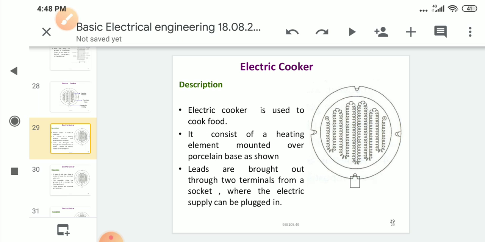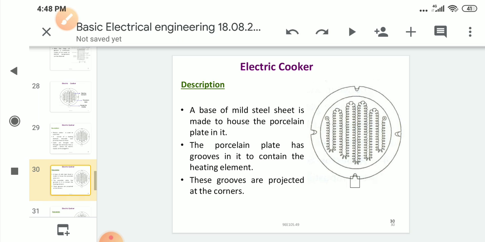It consists of a heating element mounted over a porcelain base, and the leads are brought out through two terminals to a socket where the electrical supply can be plugged in. This is a description. A base of mild steel sheet is made to house the porcelain plate in it. The porcelain plate has grooves containing a heating element.